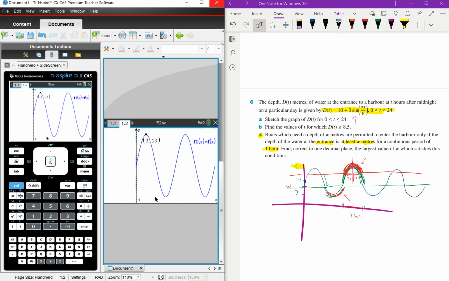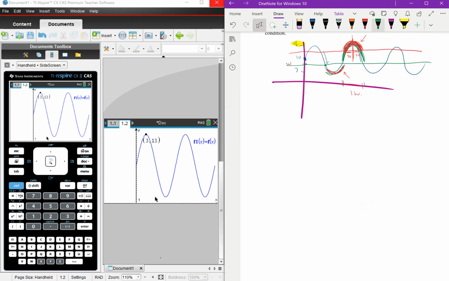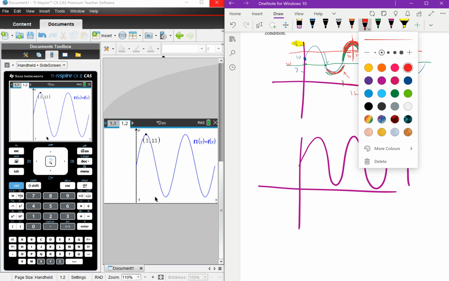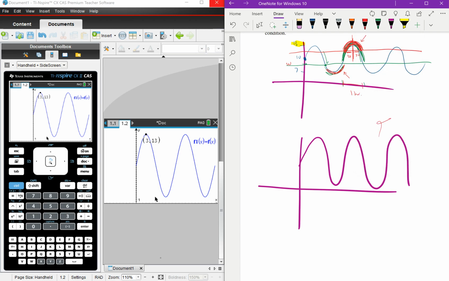So based on my graph here, the maximum occurs at 3.